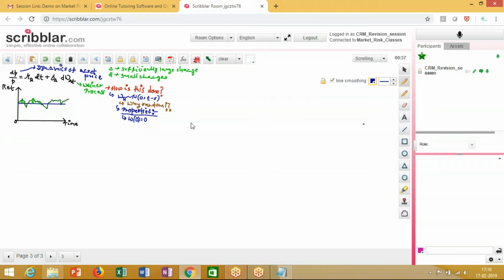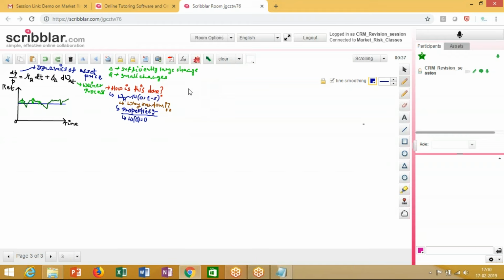The first property that we need to understand for this variable is that W0 is equal to 0. That means at time 0, this variable will give you the value 0, right? So at the initial point it is 0.